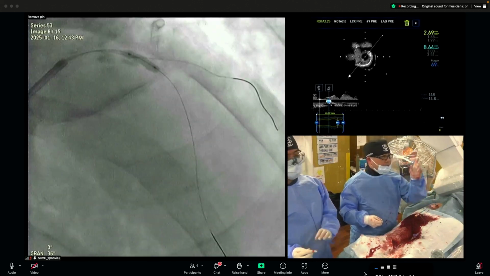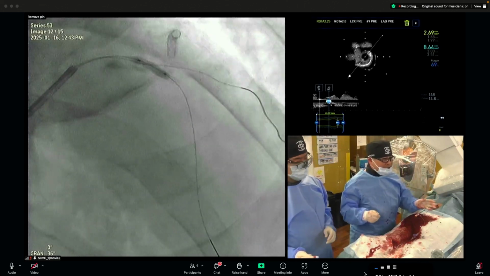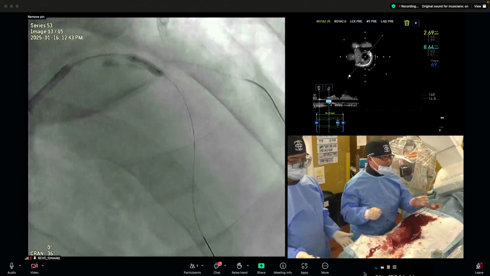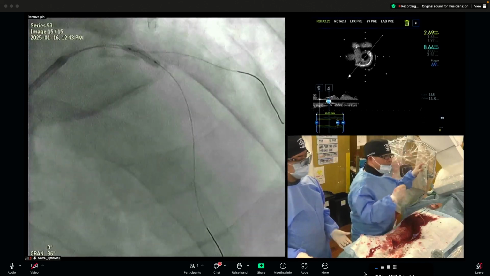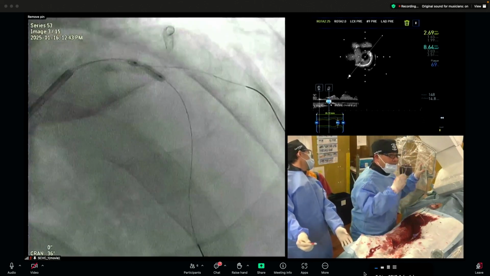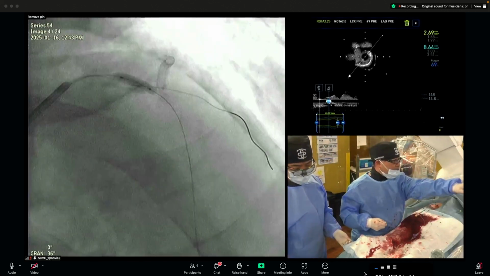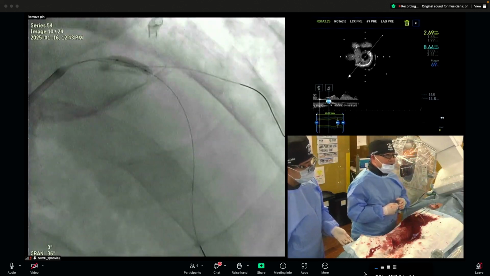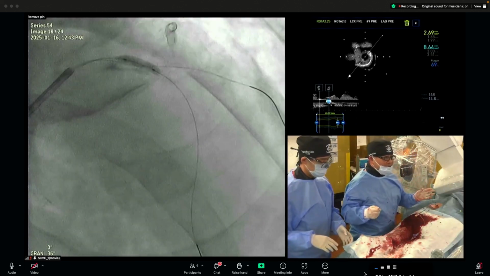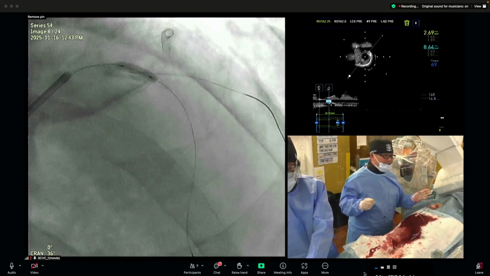So without rotablation, nobody can get good expansion with cracking of the cutting balloon. After volume reduction with 2.25 rotablation, at 20 atmosphere, then we can get this dilatation. Everybody easily understands: without volume reduction, nobody can get good expansion in this case.